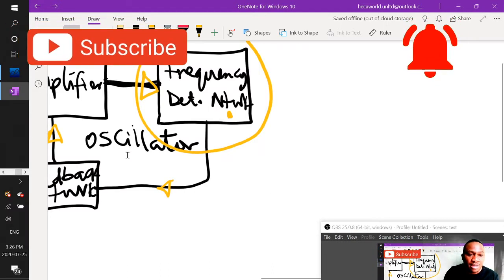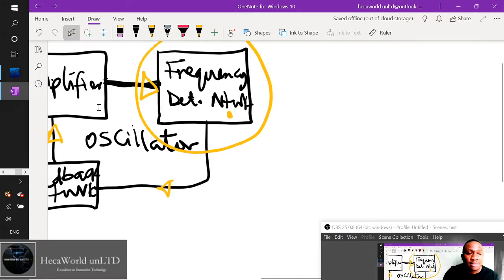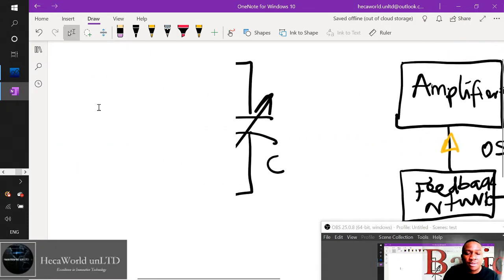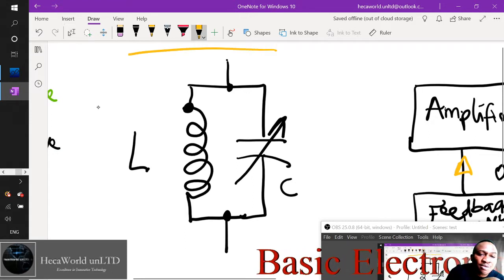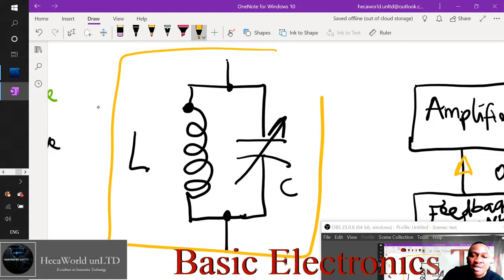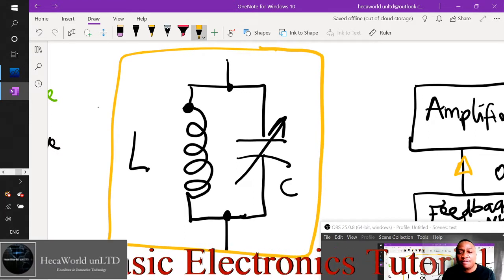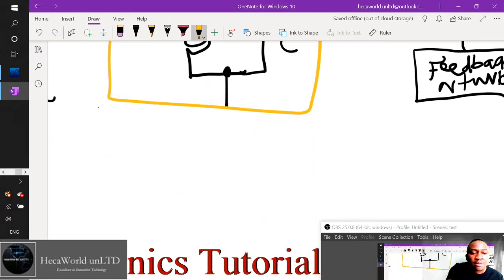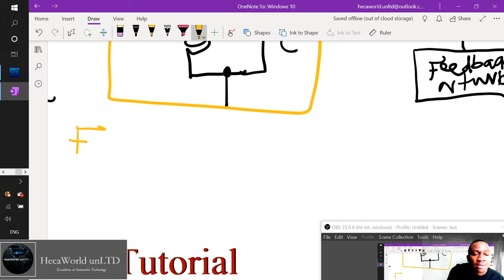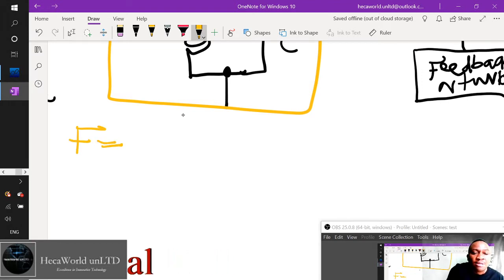So let's go back to that. The carrier frequency, or our frequency determining network, is this block here. And the frequency is 1 over 2 pi square root of LC.